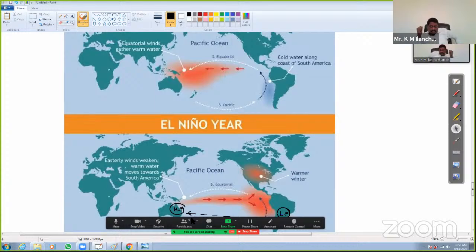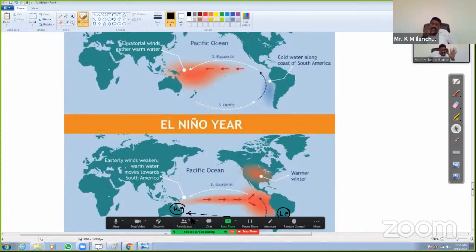The last sentence you can write: the weak southeastern trade of the Pacific Ocean adversely affects the Indian monsoon.